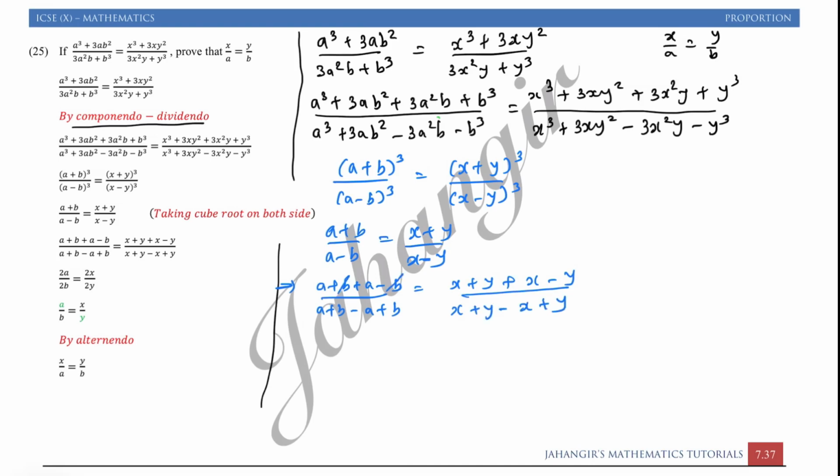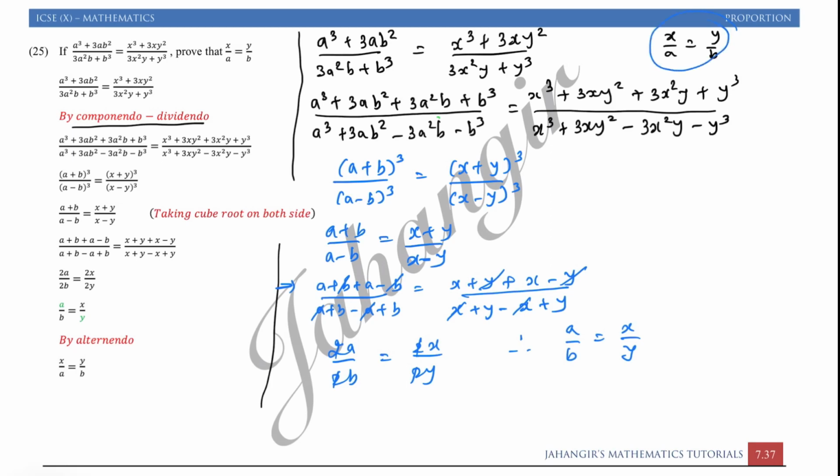So b and b will get cancelled, a and a will get cancelled. We have 2a upon 2b is equal to 2x upon 2y. 2 cancels out. Let's see what we are getting. a by b is equal to x by y.